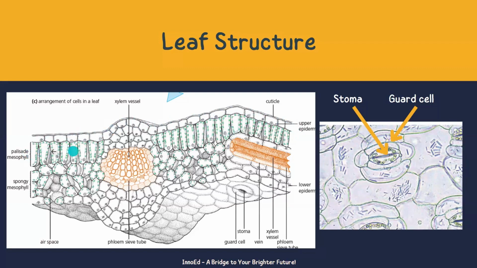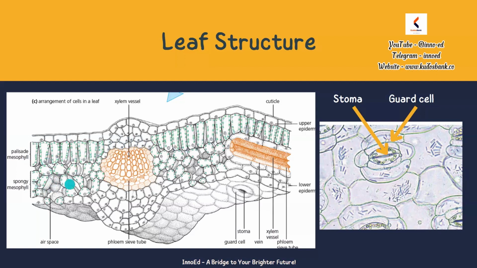So the cell layer beneath the upper epidermis is the palisade mesophyll layer. The palisade cells contain lots of chloroplasts, as you can see here, and the shape is long and columnar. This is the main site of photosynthesis.